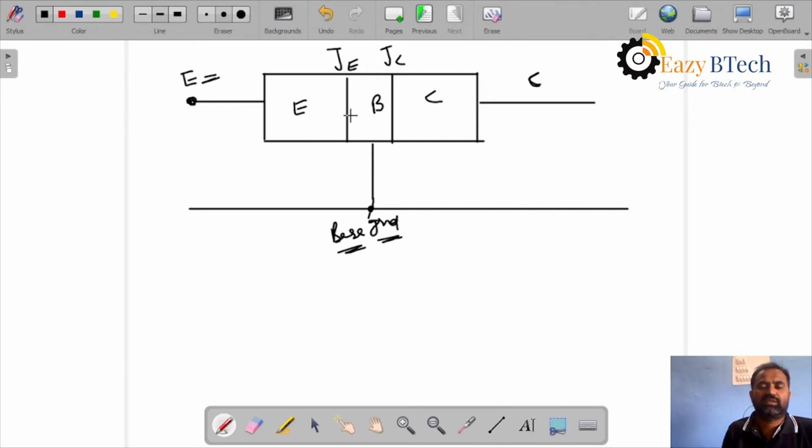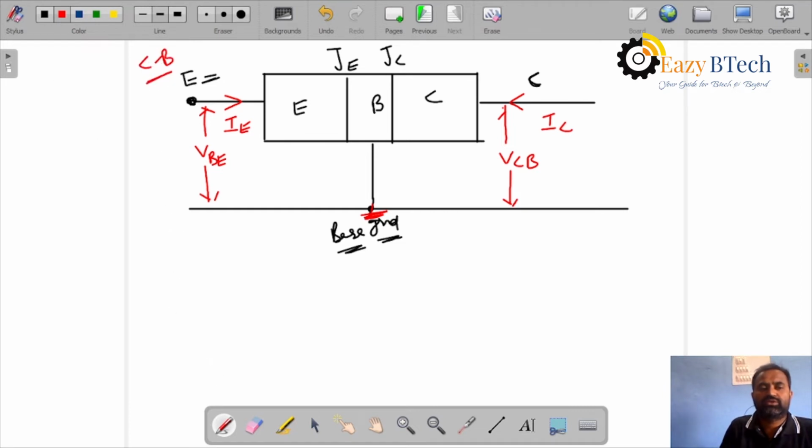Similarly, you may change the terminals and make the other configurations. On the input side, the input current is IE and the input voltage is VBE, and the output current is IC and the output voltage is VCB. This is grounded. This is a common base configuration.